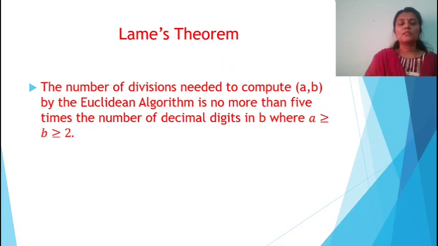This is Lamé's theorem. We already know how to compute GCD using the Euclidean algorithm. The number of divisions needed to compute GCD of A, B by the Euclidean algorithm is no more than 5 times the number of decimal digits in B, where A is greater than or equal to B, which is greater than or equal to 2. That is all for today.